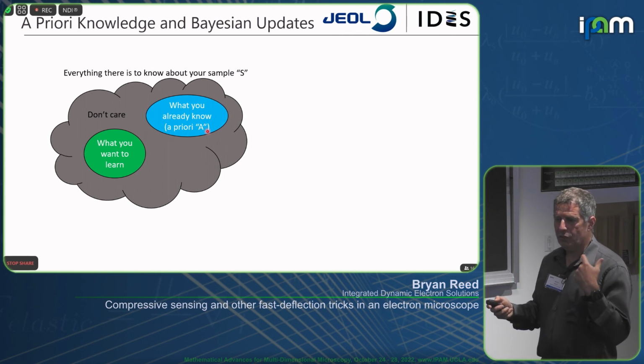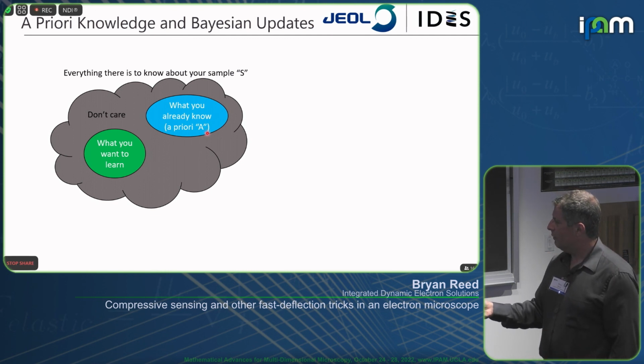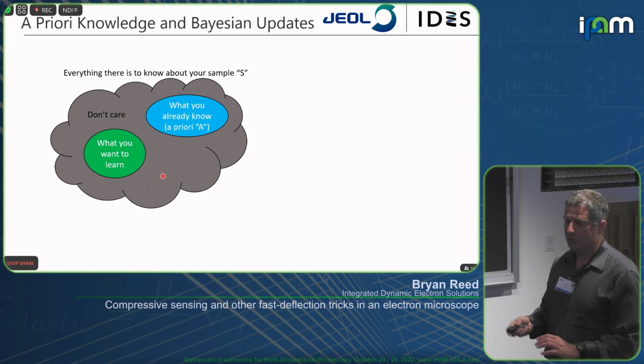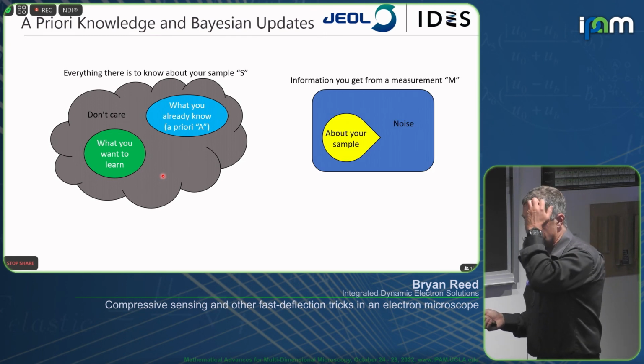Or maybe you're assuming it's made out of atoms in three-dimensional positions with certain scattering factors associated with them and so forth. And then there's the stuff that you don't know about your sample, and then there's what you want to learn about the sample, and then there's a big part of the blob that you don't really even care about. So you think about what you're doing with this measurement.